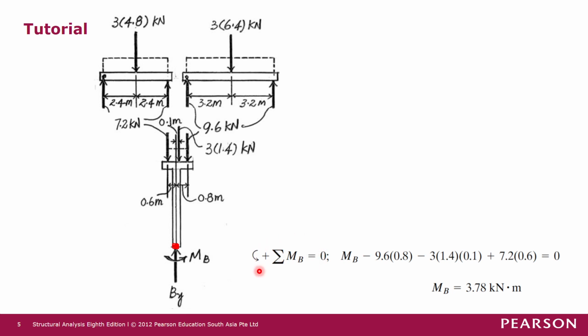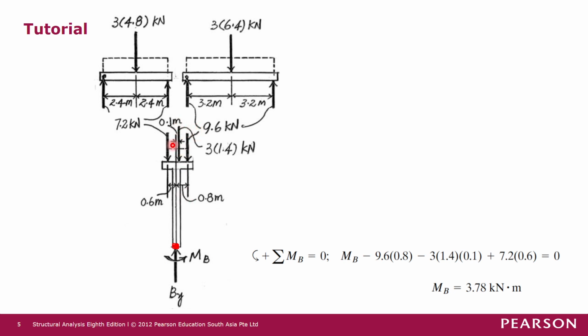So any anticlockwise moment will be positive, any clockwise moment will be negative. So this direction of MB is not known in the first place, so we just assume that it is anticlockwise. Later on, the solution will tell us the correct direction.